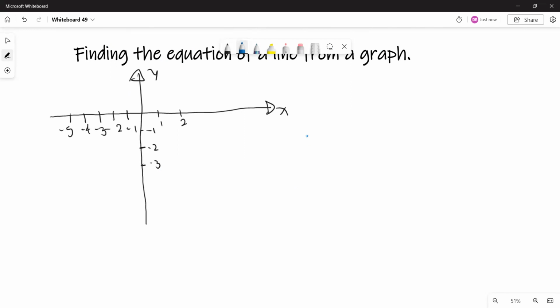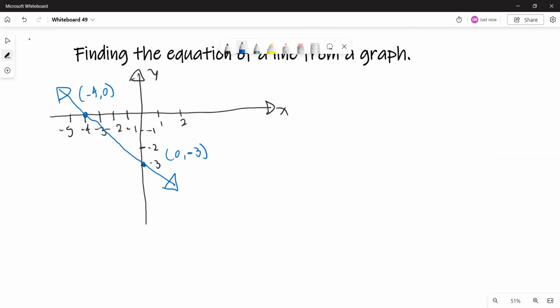This line has intercepts -4, 0, and 0, -3. So we already know the y-intercept.